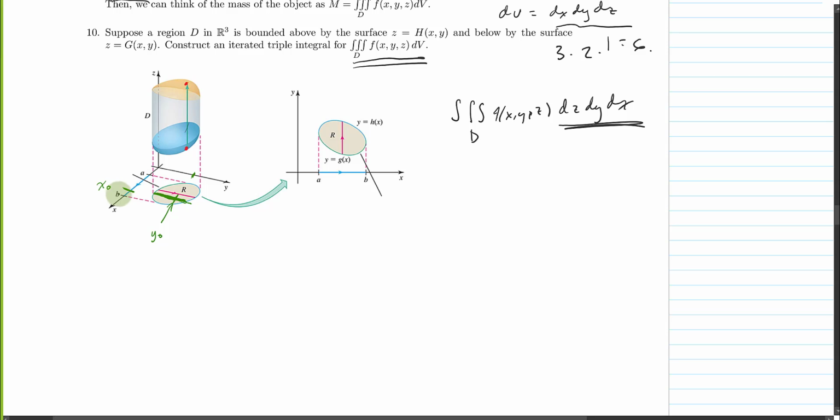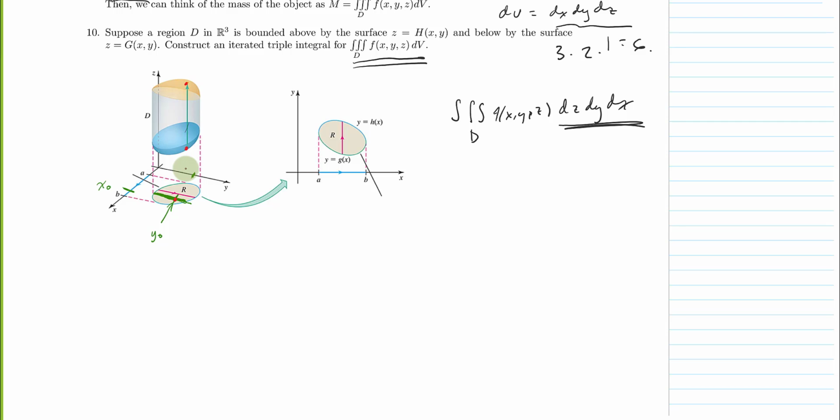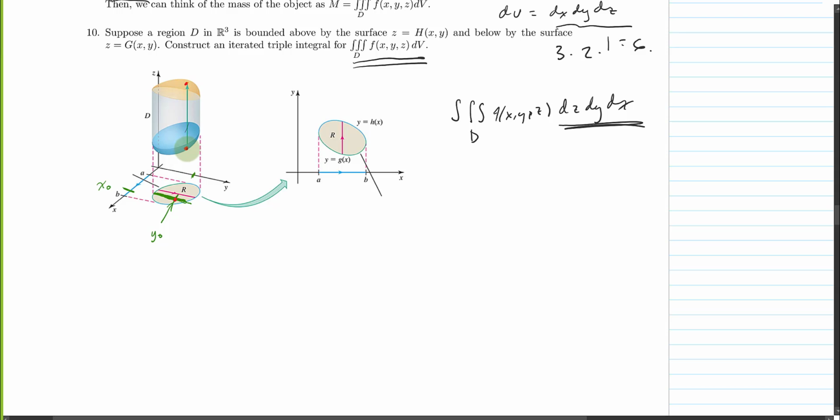So for a fixed x, I've got some slice, and then for a fixed y, I've got now a fixed point in my xy plane, which is very important. This is no longer the domain space. This is completely changed, right? Each one of these variables is now an independent variable. This is how this is different. One of the reasons why it's different from what we were doing before. Okay. But then once you fix an x and a y, you can then allow z to vary between these 2 values right here.